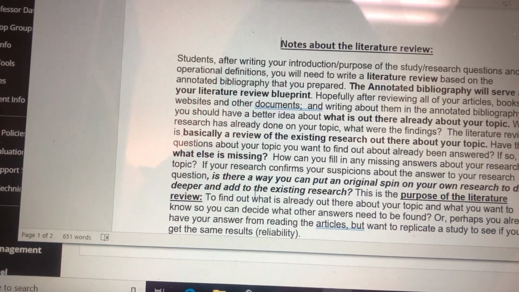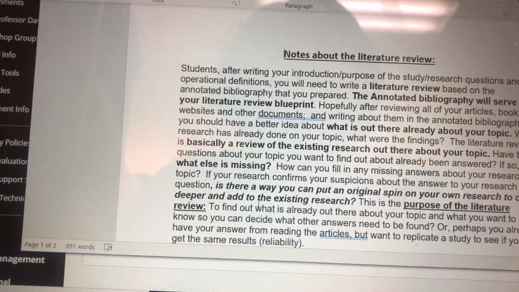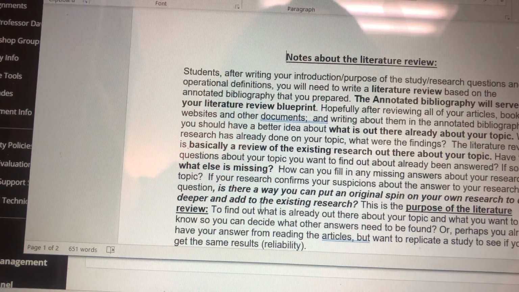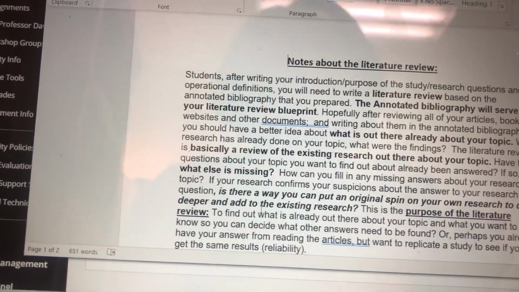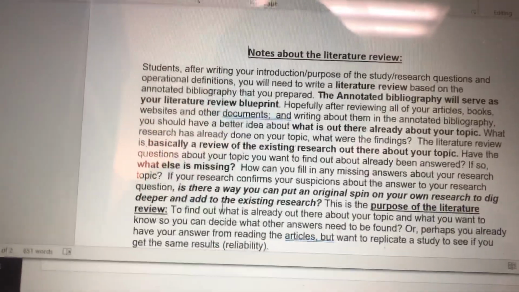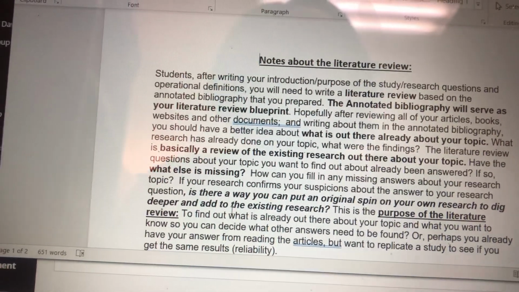So you're going to give us a brief glimpse of all of your articles, and then what you're going to do is put them together. So it might be 3 of your articles have the same result. We'll put those together and talk about them in a paragraph or 2. You know, and what you do, you cite the authors.